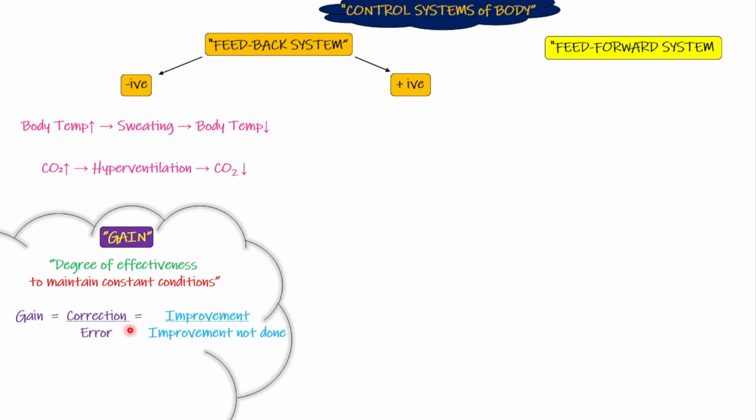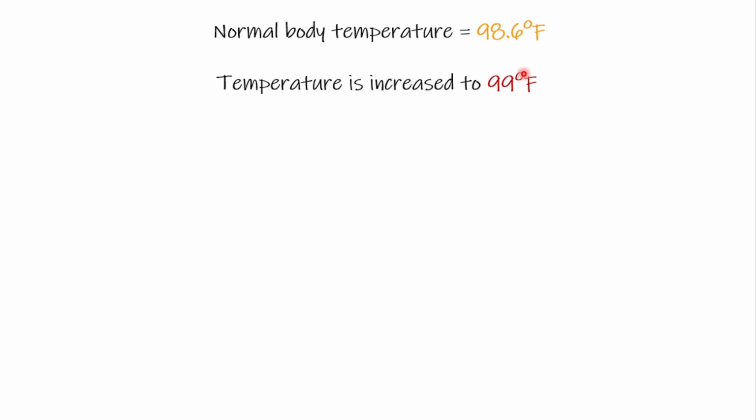Now I'll explain it with the example of, again, the thermoregulatory system. For instance, the normal body temperature is 98.6 Fahrenheit. Due to some reason, if the body temperature is raised to, for example, 99 Fahrenheit because of the hot environment, what happens?